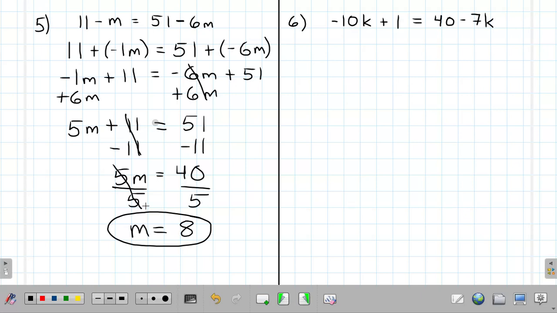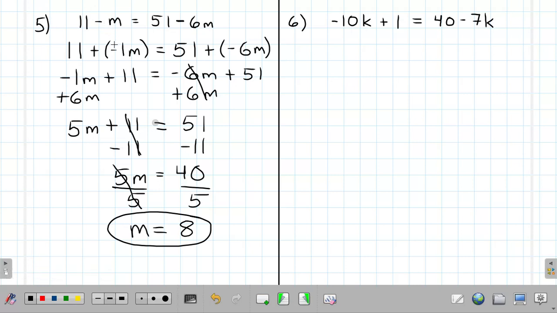Once again, this step up here where I write each side as a sum, that's not 100% necessary. You could have seen up here where I'm subtracting 6m, so I need to add 6m. Same idea here, okay? Same thing on this side. But it's a little harder to see here because if you added 6m here, it's like, what am I adding the 6m to?